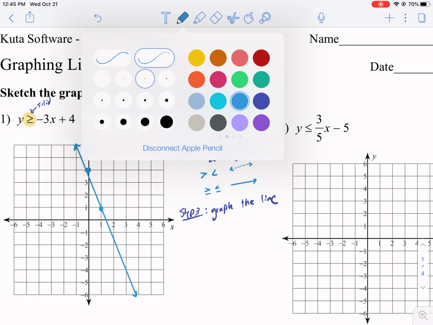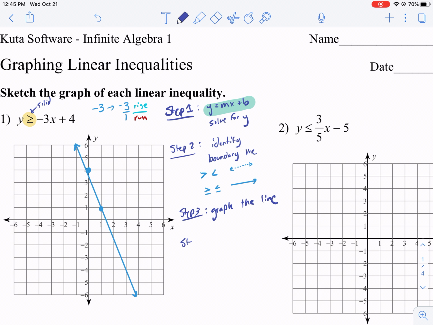Now, step 4. This is the part that makes it different than just an equal sign. What we did right now is we just graphed y equals negative 3x plus 4. So we need to graph the inequality. How does this inequality change this picture?